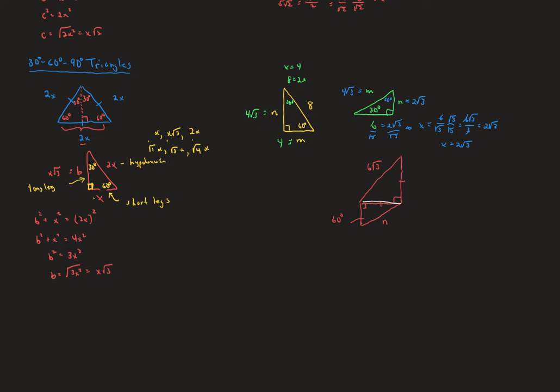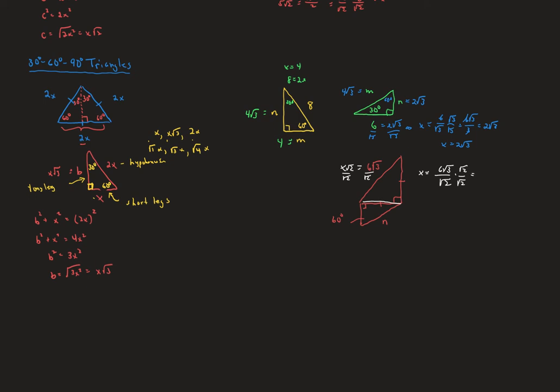In the 45-45-90, the hypotenuse is x square root of 2. So we can solve for x by dividing by the square root of 2. So we're going to get x equals 6 square root of 3 over square root of 2. We're going to rationalize that and multiply top and bottom by square root of 2.